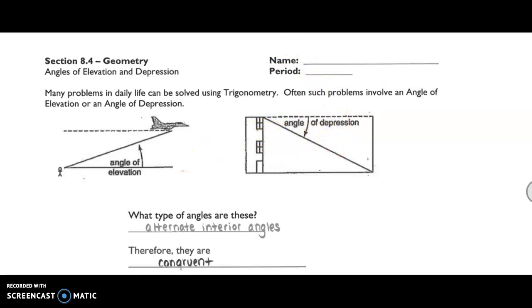And so what kind of angles are these, right? Well, this would be the angle of elevation from this perspective, right? And if these are parallel, we learned about alternate interior angles, okay? So these are actually congruent. The angle of elevation is congruent to the angle of depression, right?